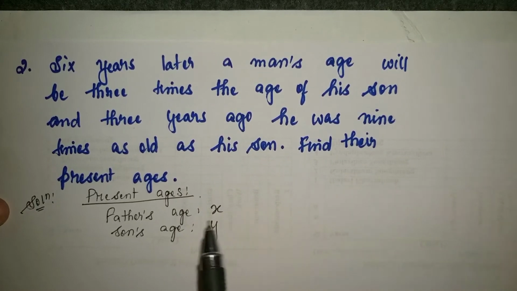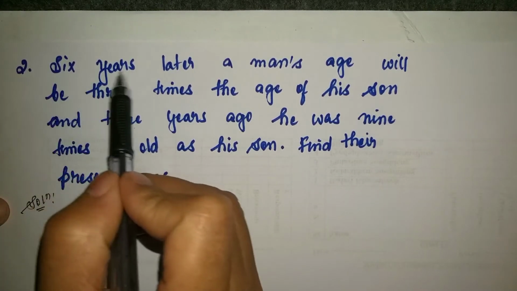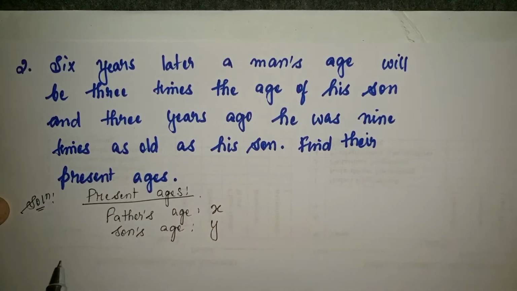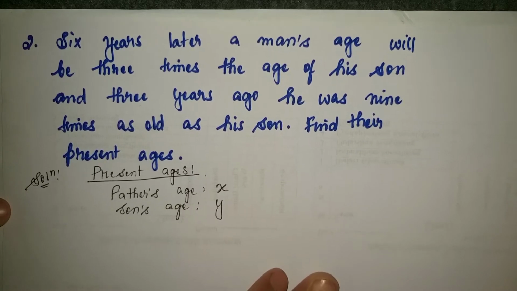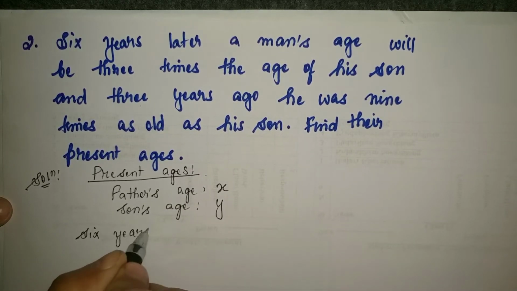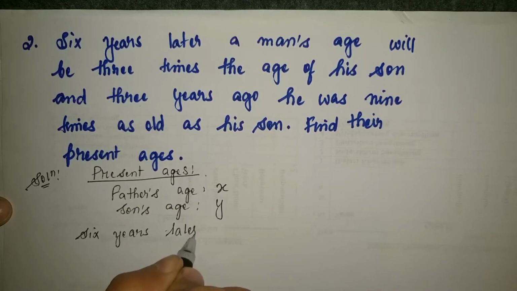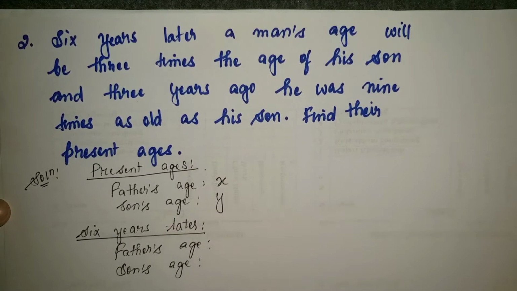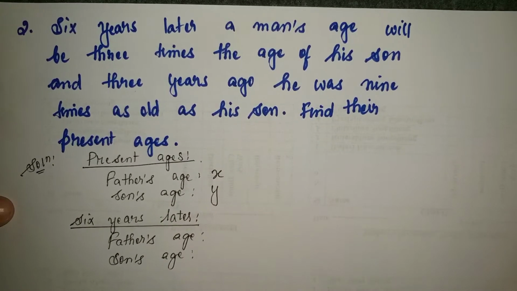What do we have from the question? 6 years later, a man's age will be 3 times the age of his son. Let's find out what will be the father's age and what will be the son's age 6 years later.